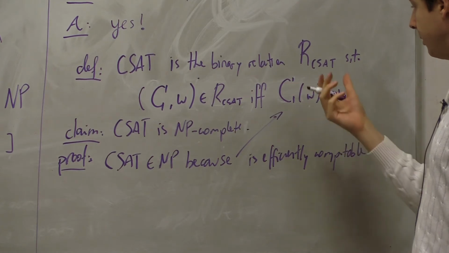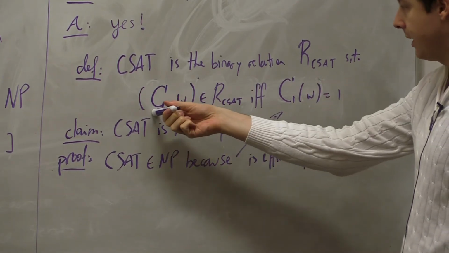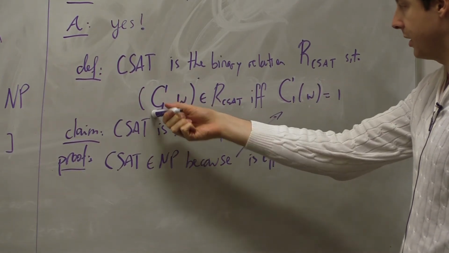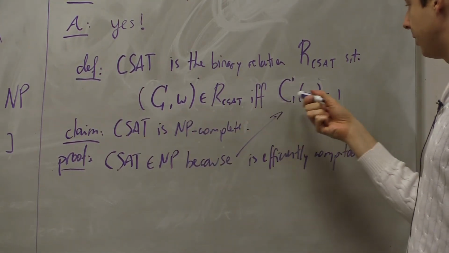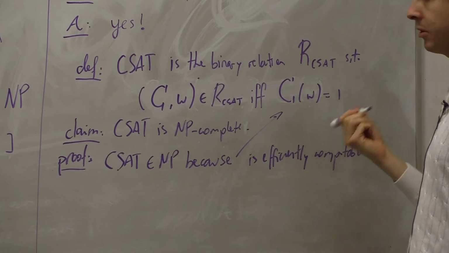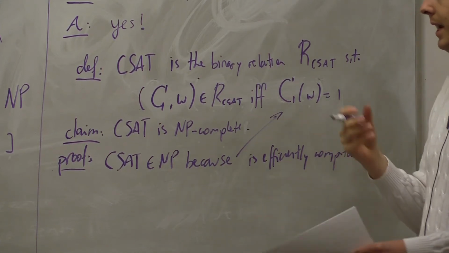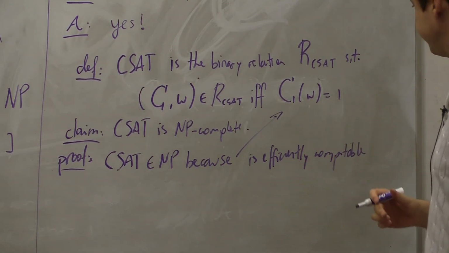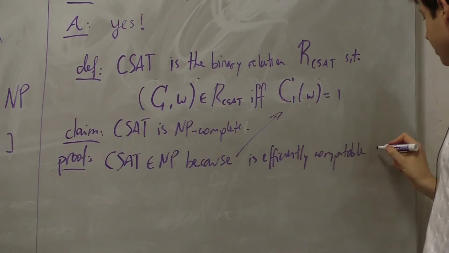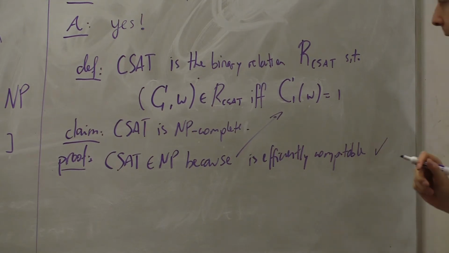Well, here I need to decide whether, given an instance X, which is the circuit, and a candidate assignment W, if I evaluate the circuit on the input, do I get 1? Is that something I can do efficiently? Sure. Again, you take the circuit, you topologically sort it, and you just evaluate it on the input, gate by gate. So it is certainly a problem in NP.